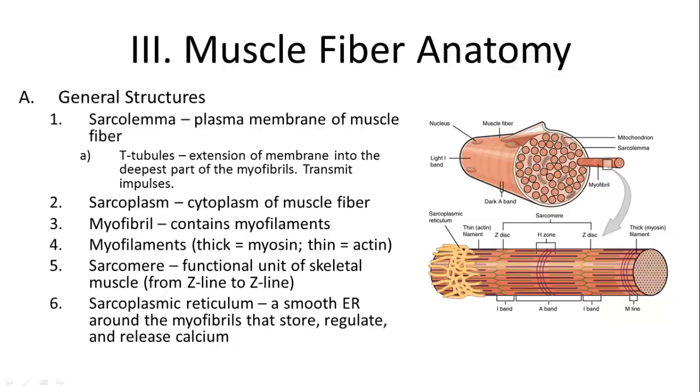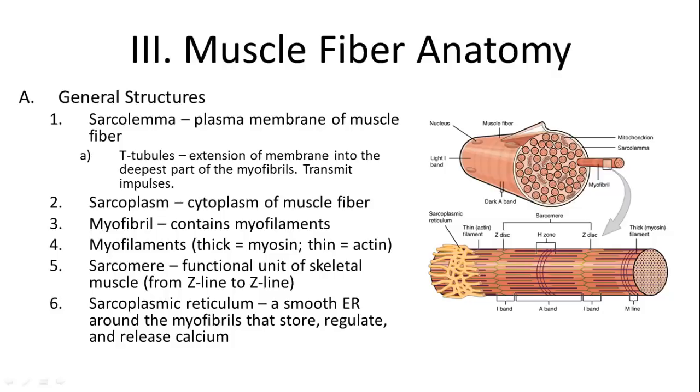And then we have the ever important sarcoplasmic reticulum, which is smooth endoplasmic reticulum, which acts as calcium storage, which is important for the excitability of the cell, of the organelle.